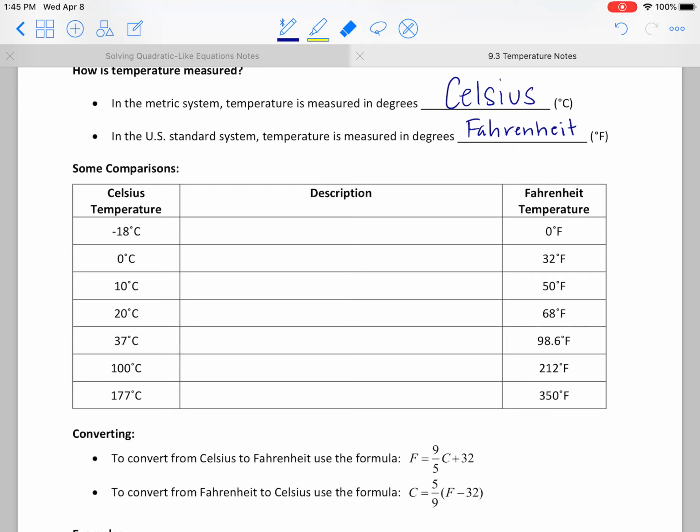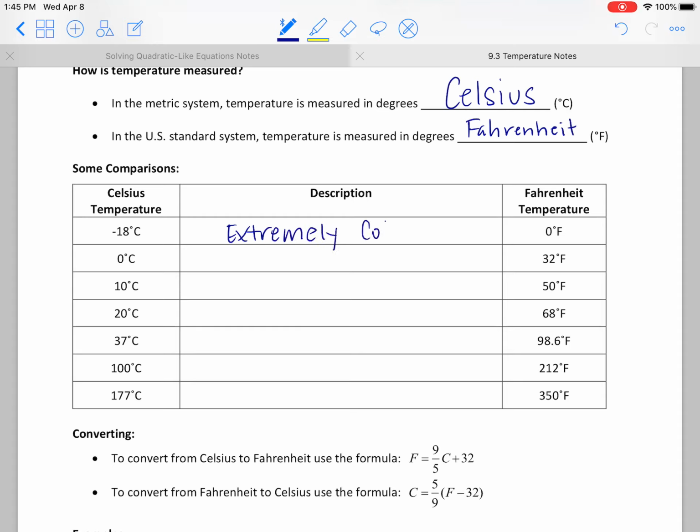Just so you can wrap your brain around what some of these temperatures will look like, some typical temperatures that we see, and how they might transfer in degrees Celsius. 0 degrees Fahrenheit, that's cold. That is really cold, below freezing.